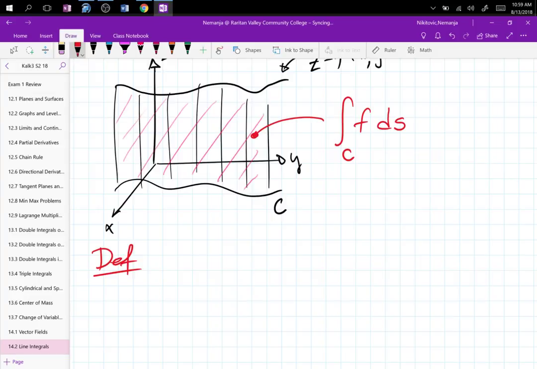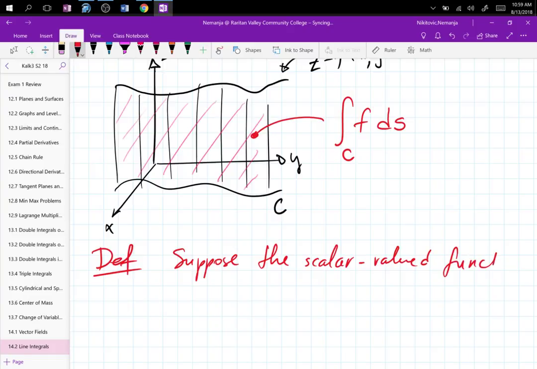So suppose the scalar valued function f, that's f(x, y), is defined on a smooth curve C. Now, the word smooth means it's differentiable, it's continuous, and so on.